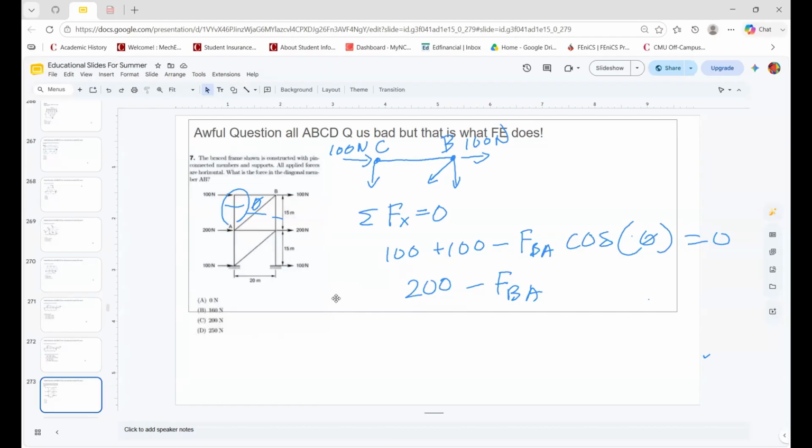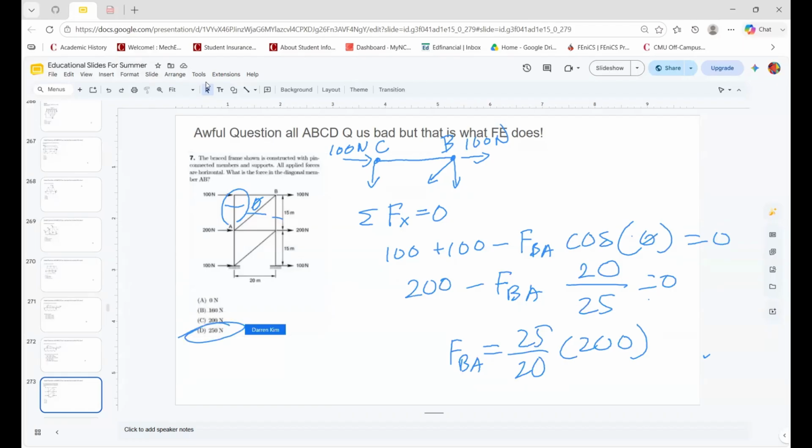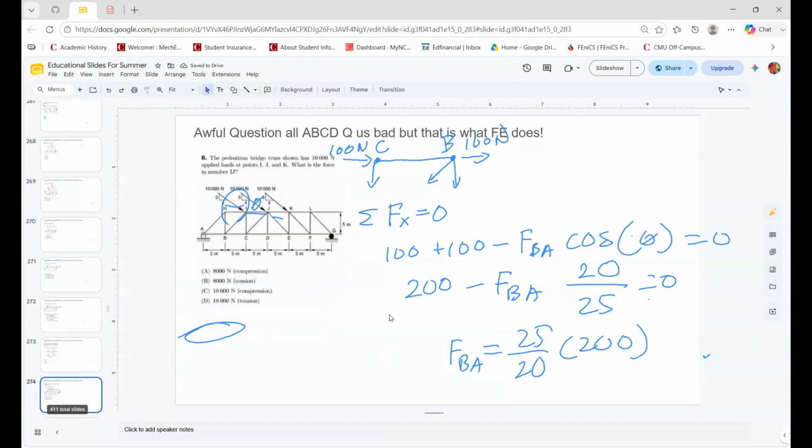That's 25, so the bottom is 25 and the top is 20. So FBA is equal to 25 divided by 20 multiplied by 200, which equals 250. And we have a 250 over here, so I'm just going to set that as true and move on, because I'm pretty sure it's the answer.